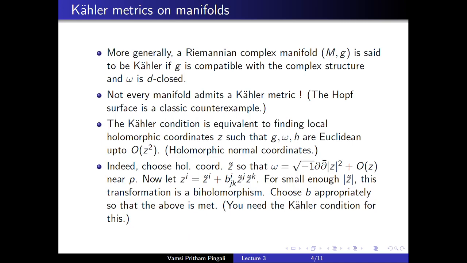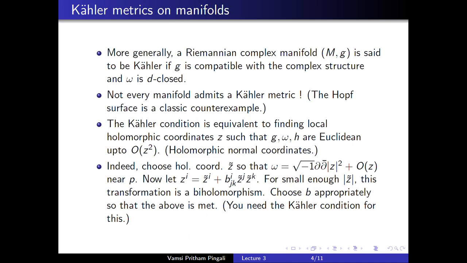Well, how exactly? If you look at what the metric looks like in a new coordinate system, well, it involves the derivative of the change of coordinates, right? The derivative of this particular change of coordinates is the identity matrix plus B times z tilde, roughly speaking, right?